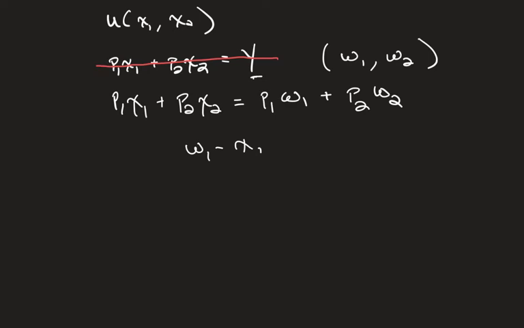Put another way, the net sales of good 1 has to add up to be the same as the opposite of the net sales of good 2.